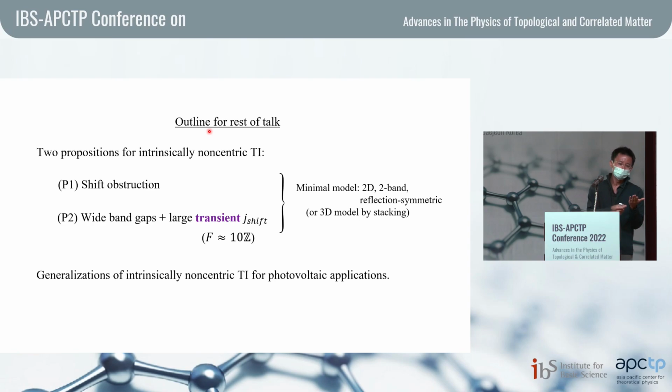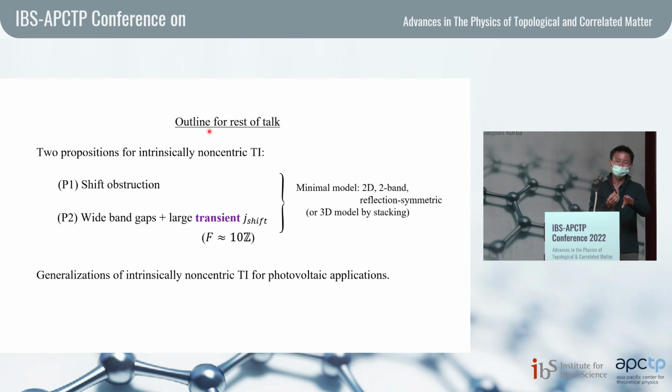But if you can do that, it means that you have this phase that is centrosymmetric, a phase that is not centrosymmetric, but both are in the same topological phase. Nothing prevents you from having a zero or arbitrarily small shift current, because when you nearly have centrosymmetry, your shift current is nearly zero.